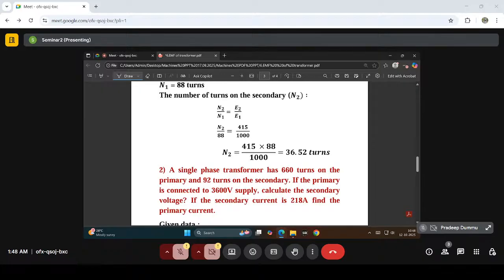A single phase transformer has 660 turns on the primary and 92 turns on the secondary. Now tell me what kind of transformer it is? Anyone? Step down transformer. I have given you the step down transformer design.